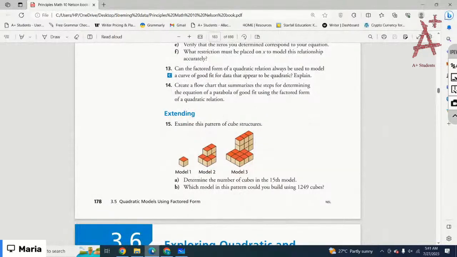Okay, just look at the 15. Examine the pattern of cube structure. Determine the number of cubes in the 15th model.